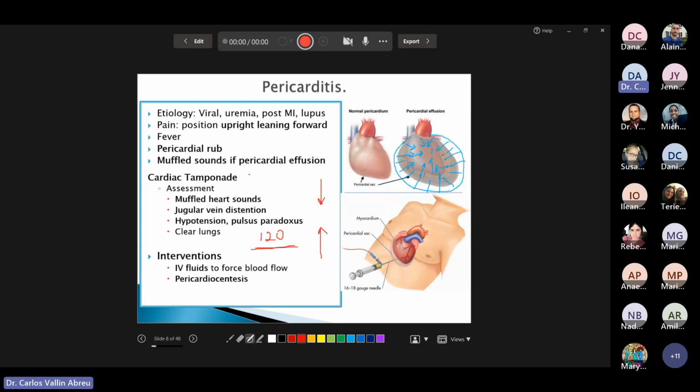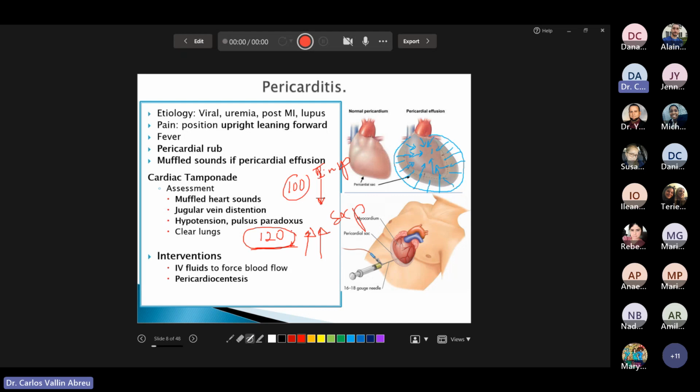If you have cardiac tamponade, when you breathe in, the blood pressure drops. So this blood pressure will drop to 100 or 90. And then when you breathe out, the blood pressure returns to normal. So in inspiration, blood pressure drops, but in expiration, when the patient breathes out, the blood pressure increases again.